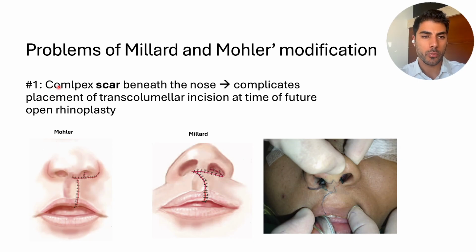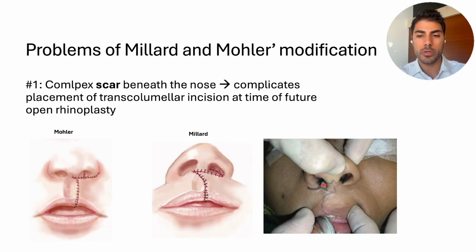So first, let's start with problem number one. We can see here both have complex scars beneath the nose. What this does is in the future the patients will always need a secondary rhinoplasty surgery. This will be the scar of their cleft lip, and this will cause them difficulty in using this old scar in order to perform the rhinoplasty.